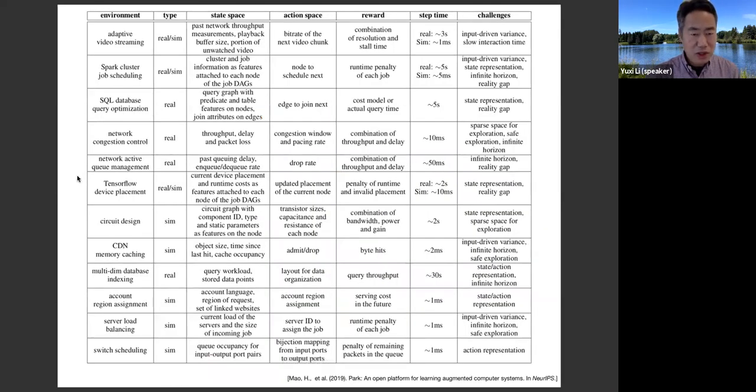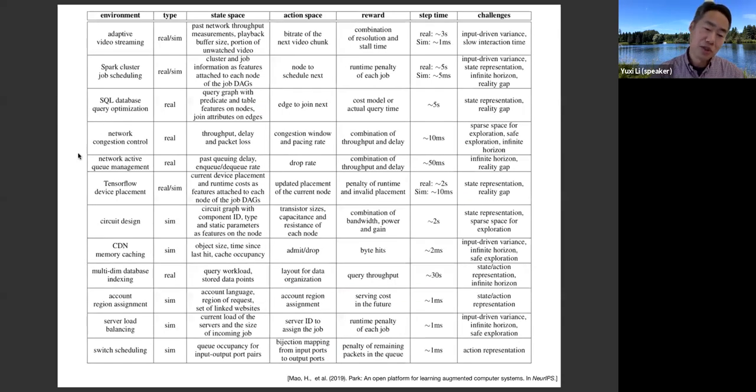In this one you can see many applications from the leftmost column, especially in computer systems, from the very bottom circuit design to the very top, like SQL database query optimization. Basically people develop this kind of environment to study how to apply reinforcement learning to those computer system applications.